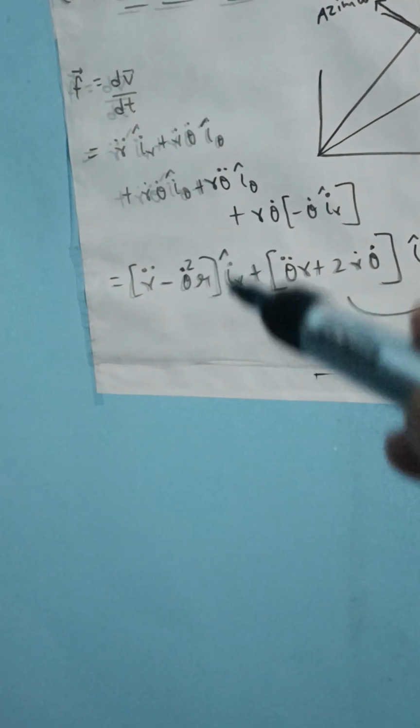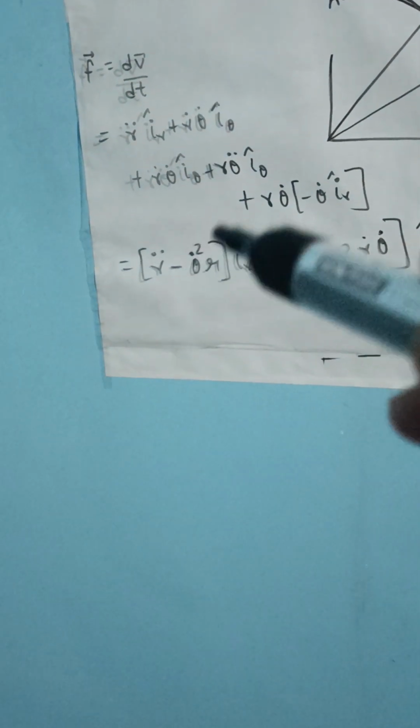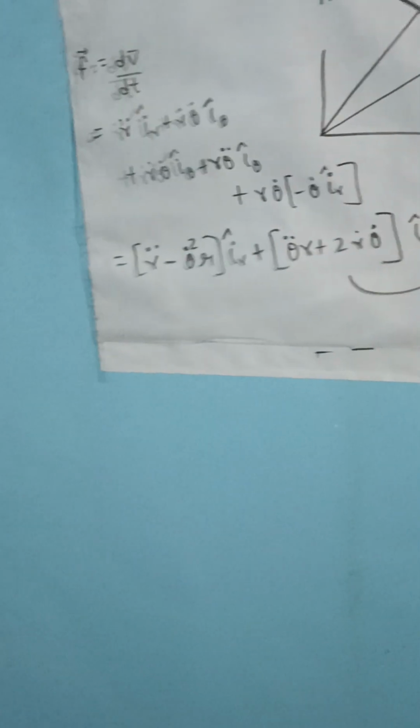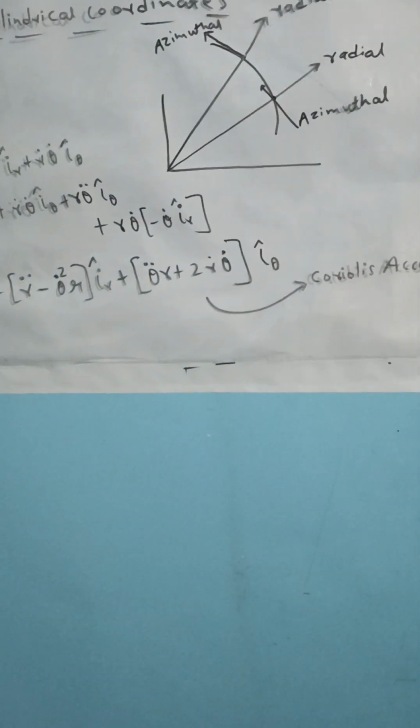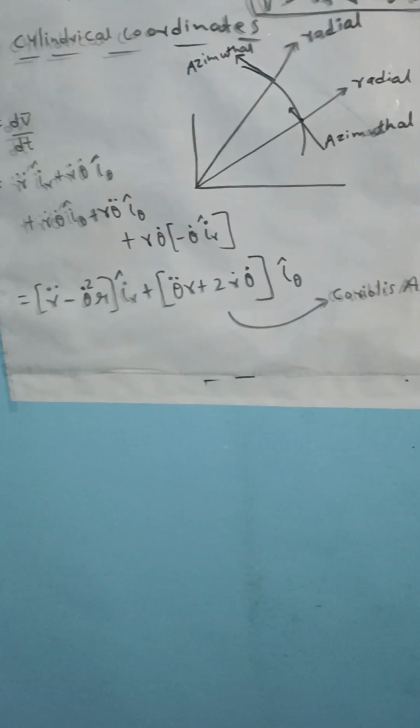And minus omega square r is the centripetal component, due to the change in direction of the velocity.